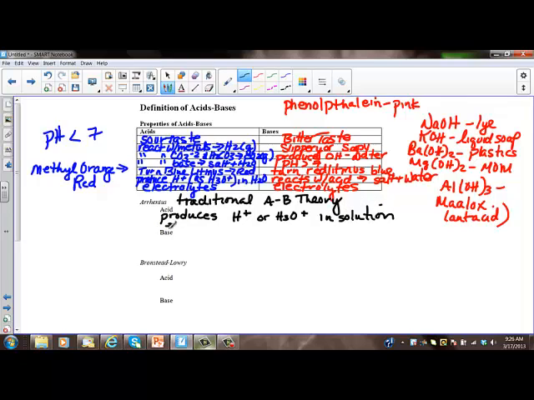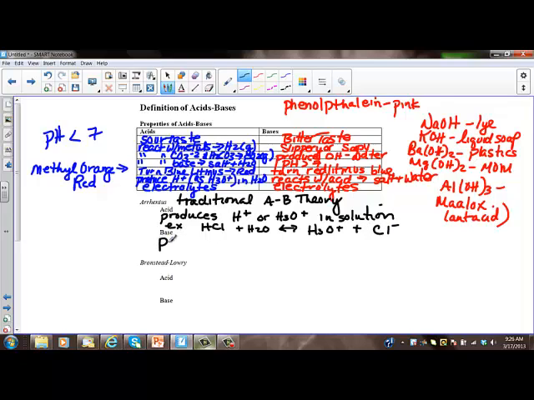So for example, we have HCl plus water, and that produces H3O plus and Cl minus.